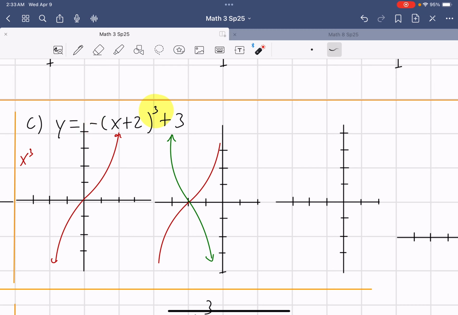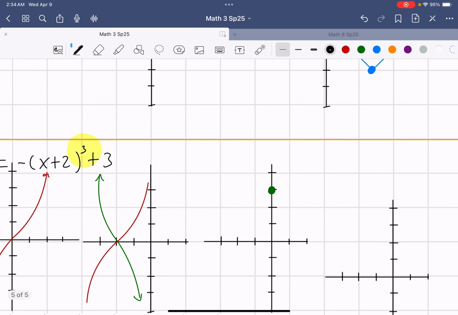It does reflection. Lastly, I just need this whole graph to go up by 3, which is going to be right here. This is my graph.